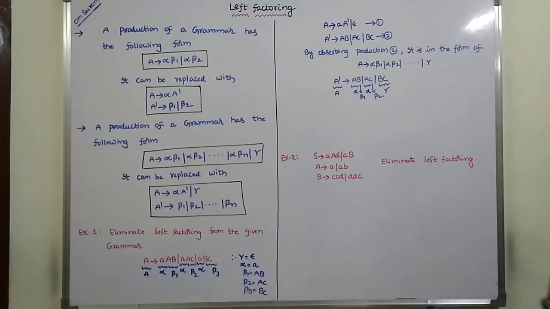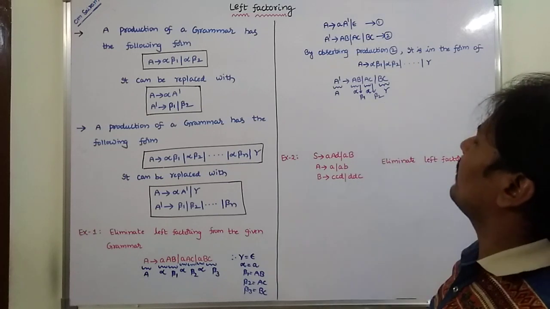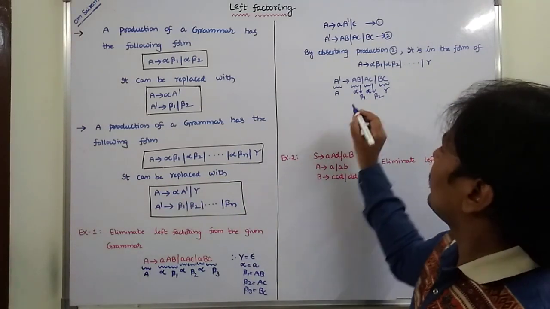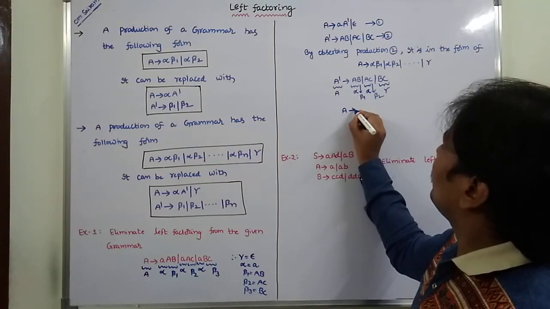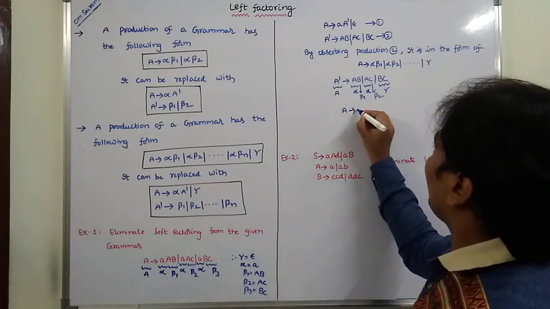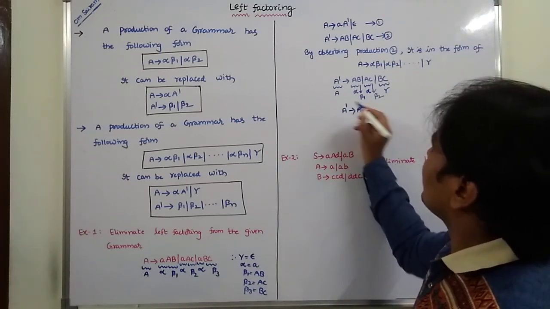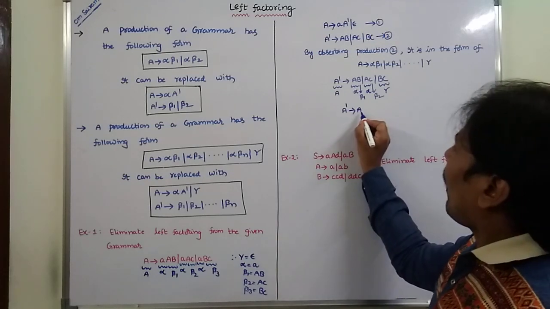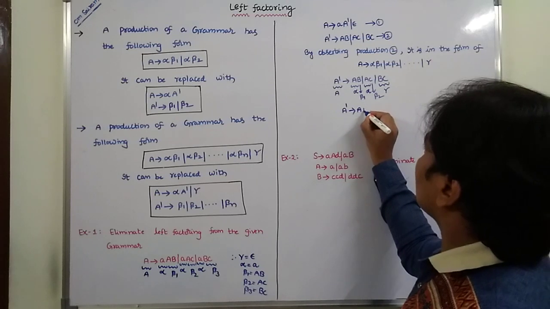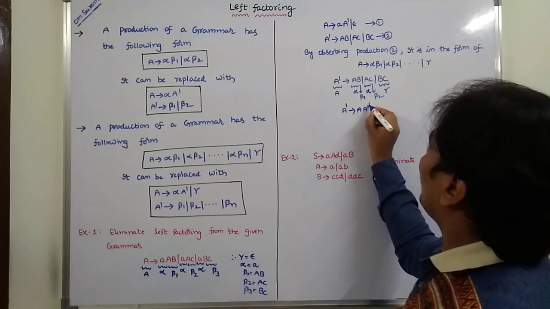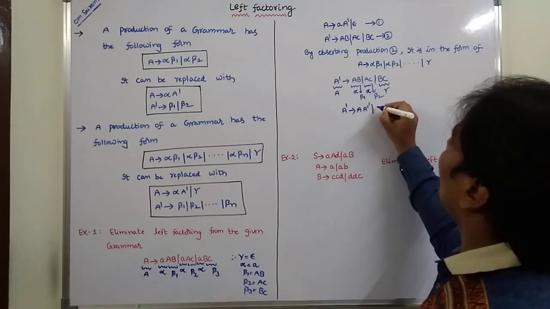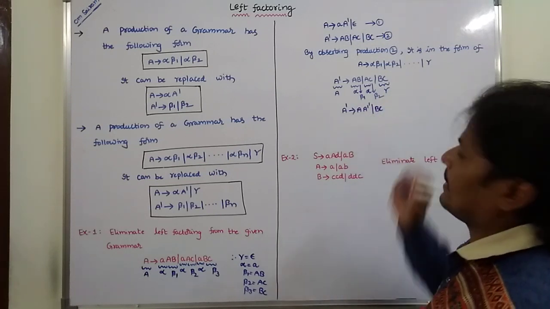Now this production can be replaced with A tends to alpha A dash. Alpha is nothing but capital A. A dash is nothing but A dash. Next one is A dash tends to alpha A dash by gamma. Gamma is nothing but BC.